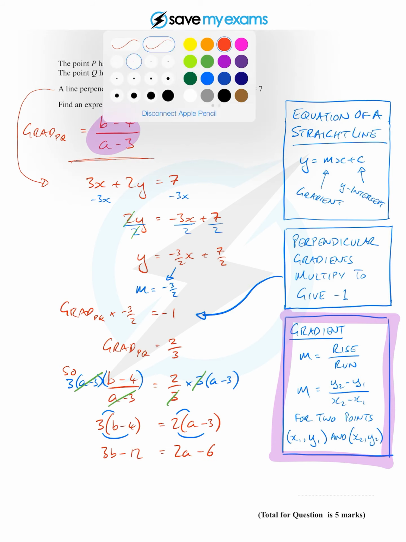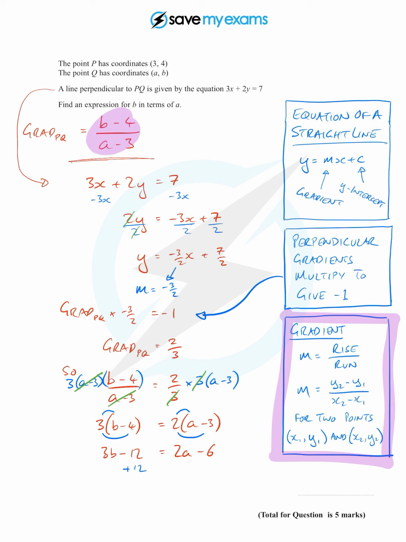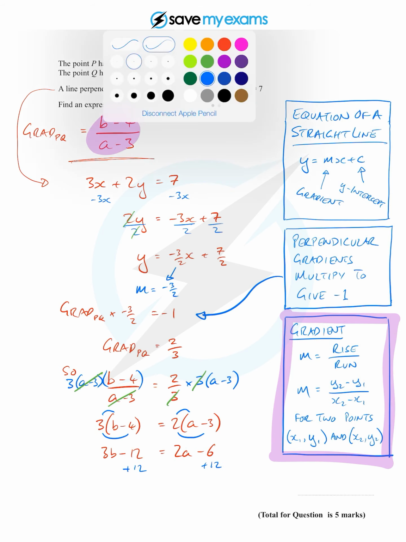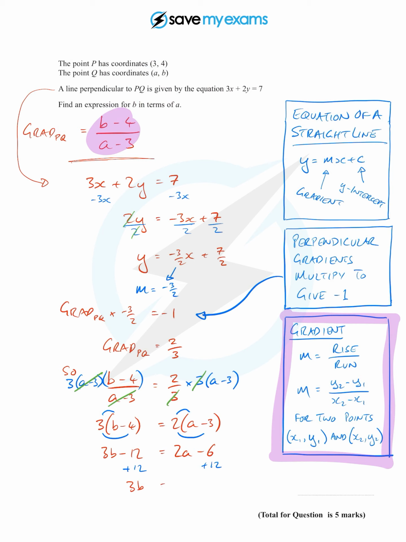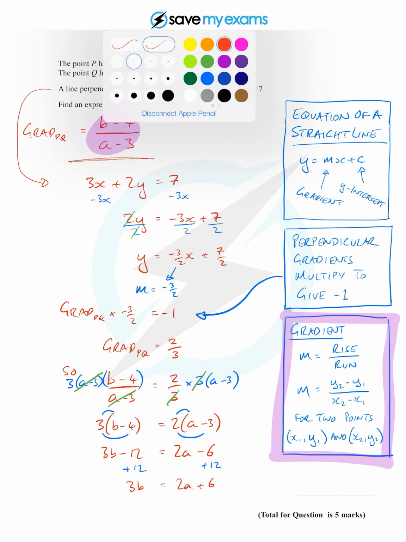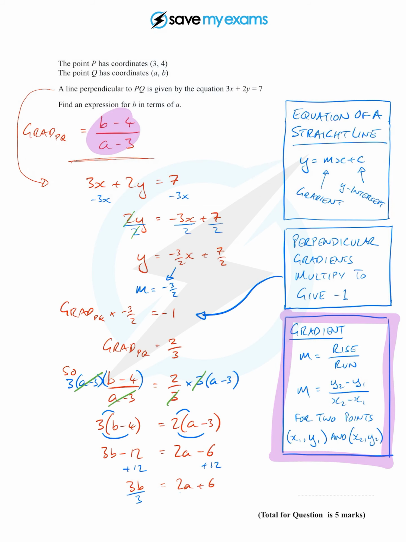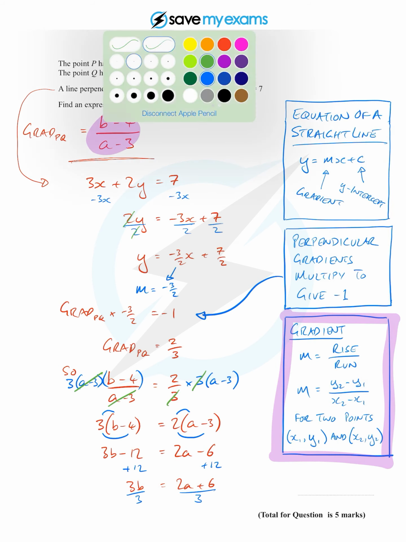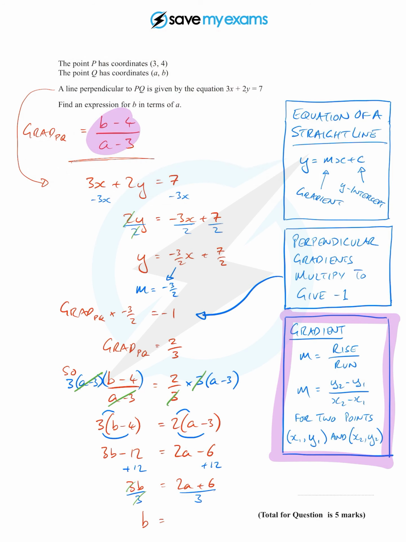Now to get the b on its own, add the 12 to both sides, which gives me 3b on the left and 2a plus 6 on the right, and then simply divide by 3. The 3s cancel on the left, and I get b equals 2a plus 6 all over 3. And we're there. Just go back and remind yourselves of the theory we've used, and if it's not clear already, it will be then.